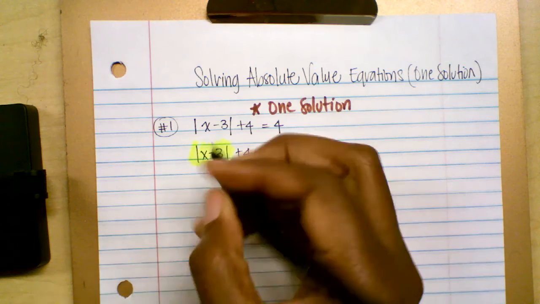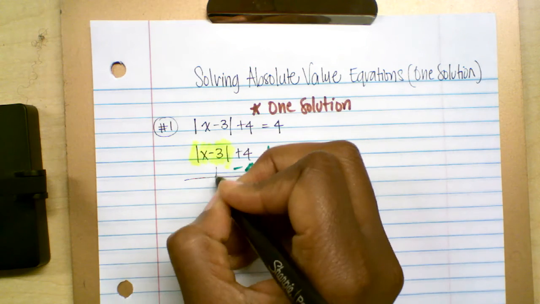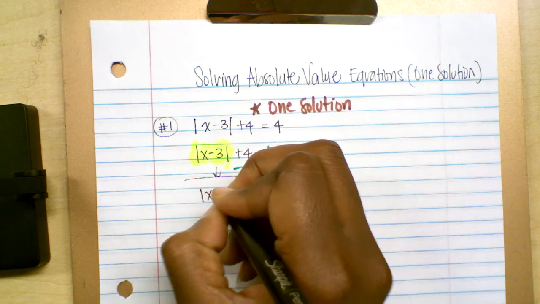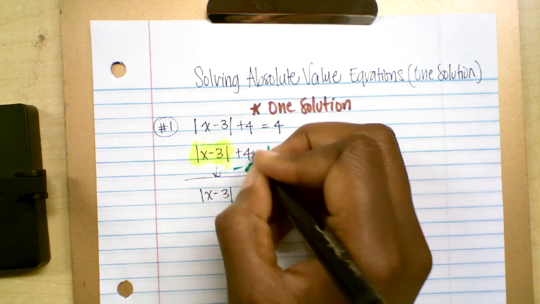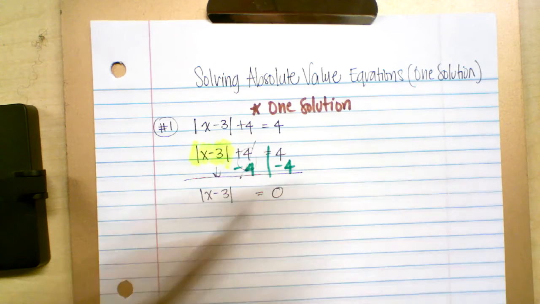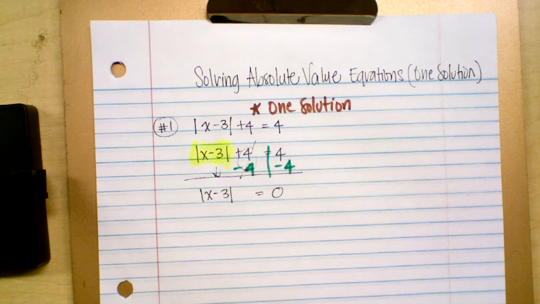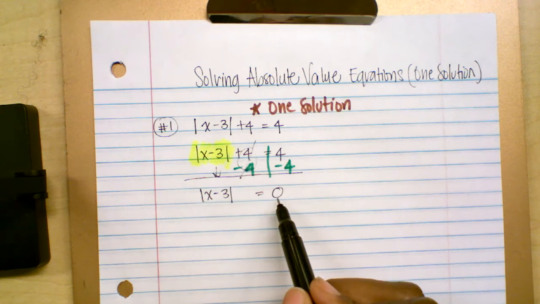Why? We want to isolate the term with the absolute value. Now you can see the absolute value is all by itself. This cancels out to 0, so the absolute value of x minus 3 equals 0.